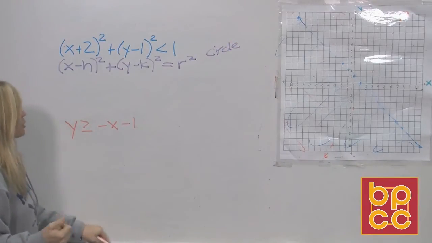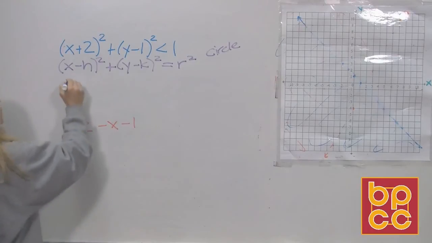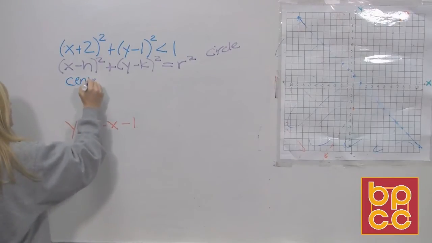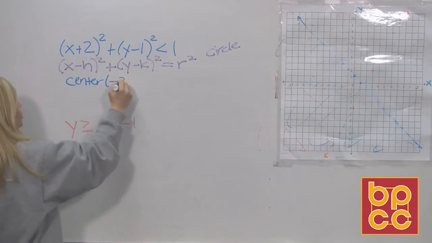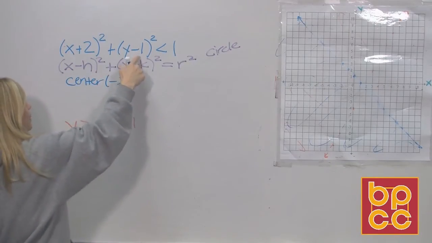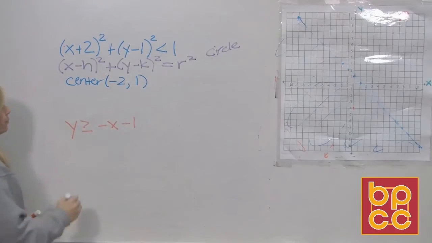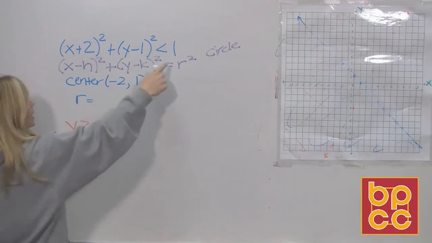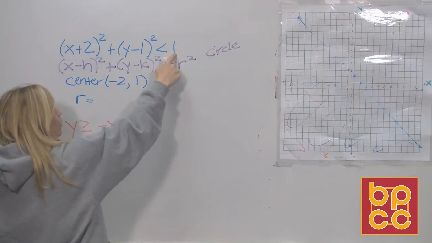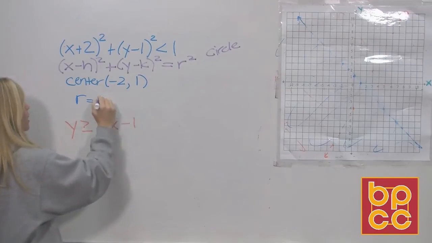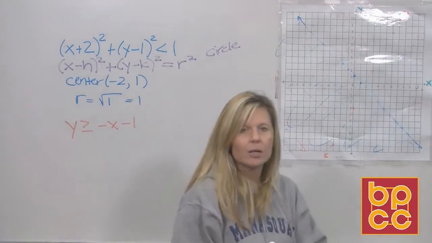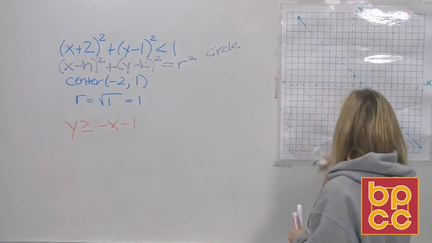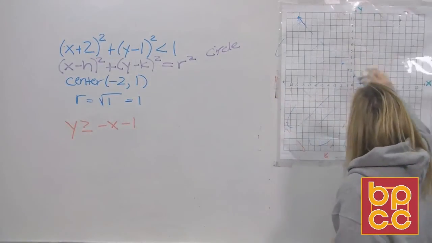You need the center and the radius. The center is h and k. H is the opposite, negative 2. K is the opposite, positive 1. The radius is whatever this number is if you square root it, because it stands for r squared. So the square root of 1 is 1. And it's only positive because a radius is a distance, and a distance must be positive.